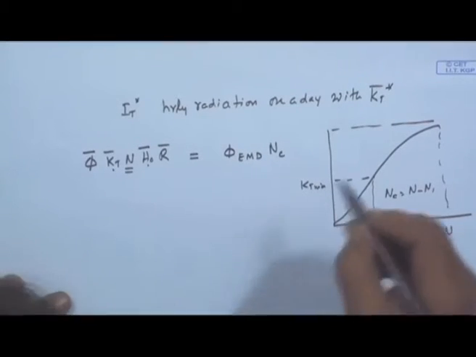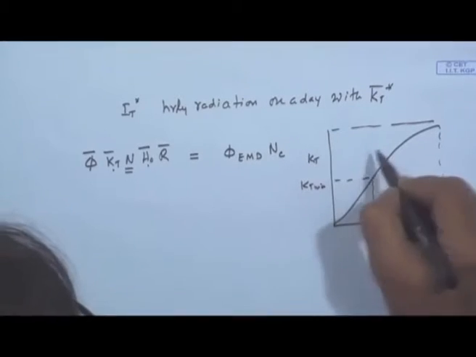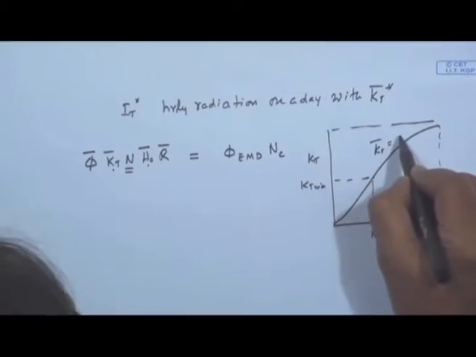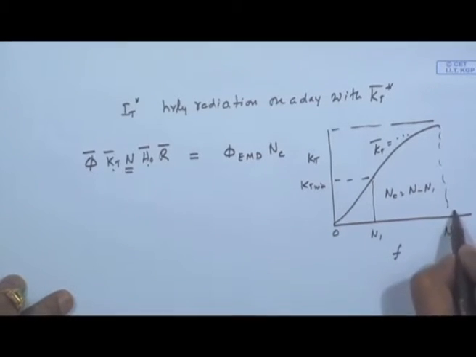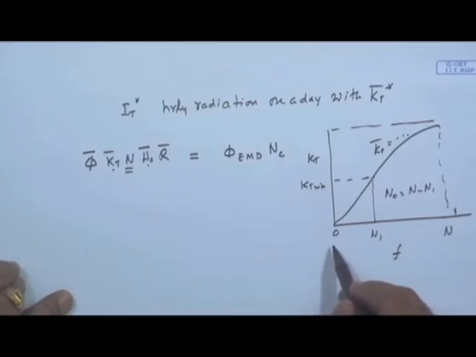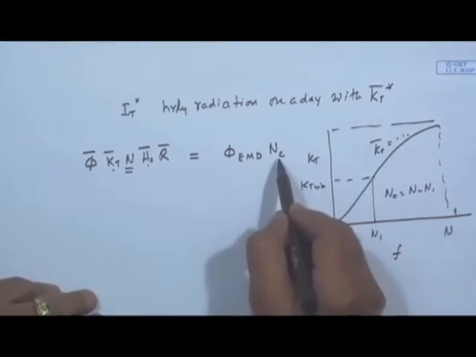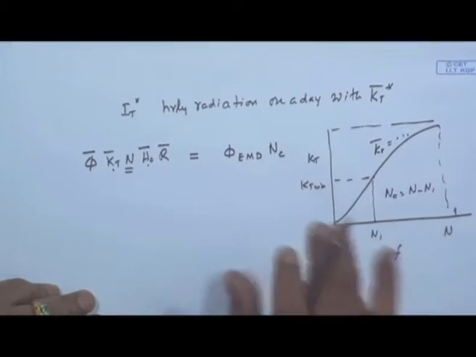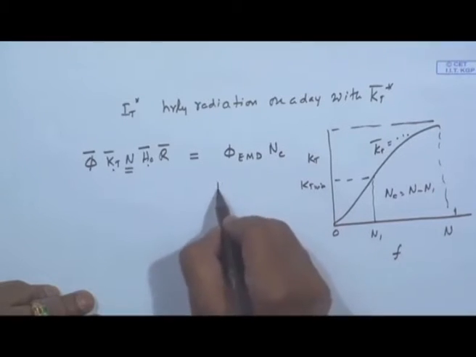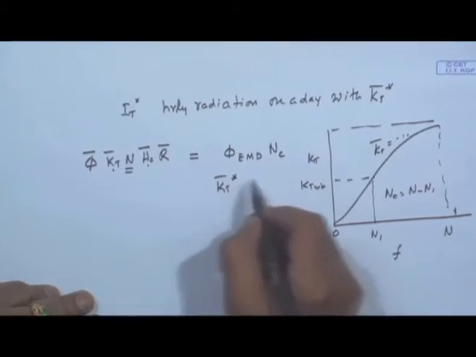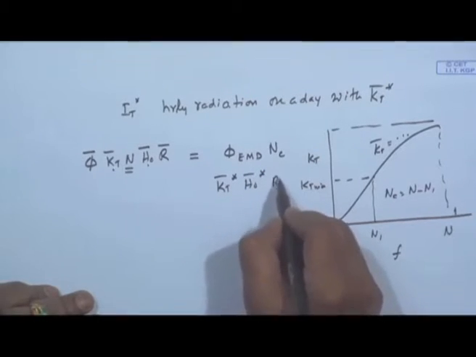So, this is cumulative frequency F, this is capital KT for a KT bar equal to something, right. So, this 0 to 1 can be transformed into n equal to 1 to 30 or 31. For simplicity I am writing it in terms of the number of days rather than the cumulative fraction. So, phi EMD into NC into KT bar star times H0 bar into R bar star.